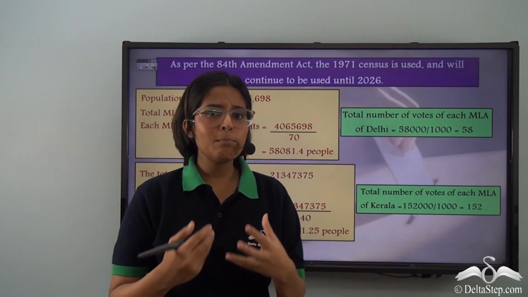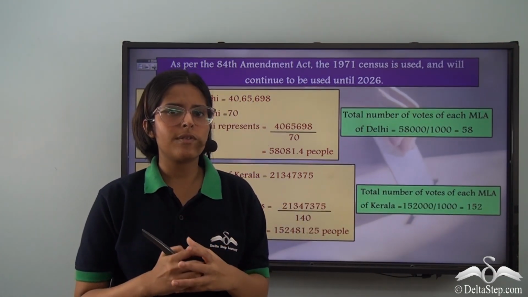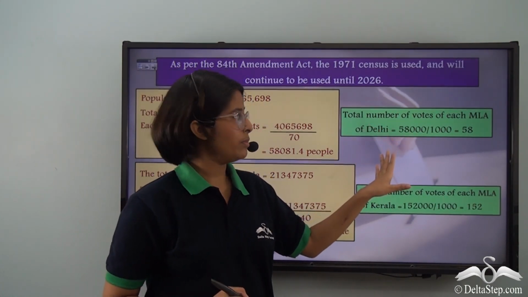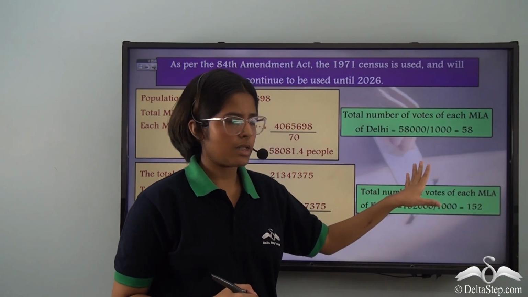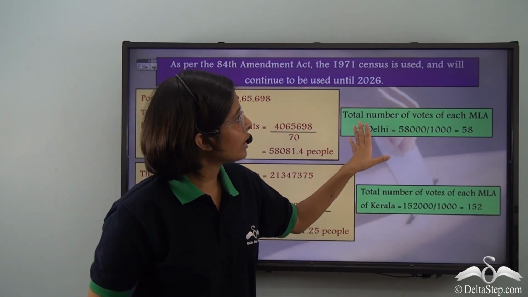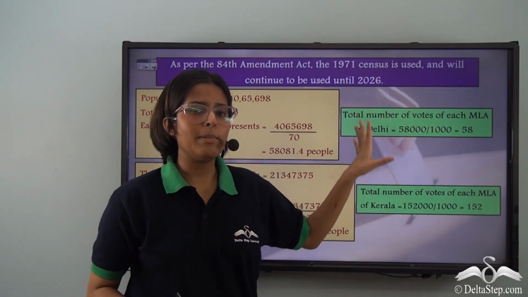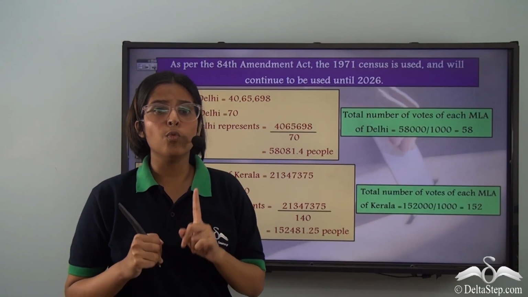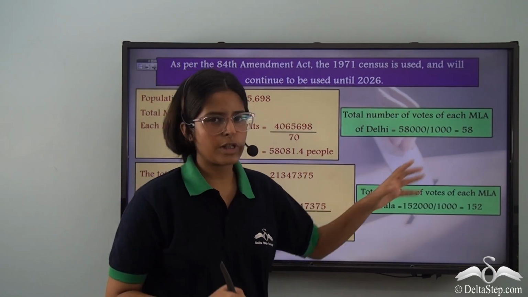Now for simplification of the calculation, we will divide this number with 1000. So around 58,000 people divided by 1000, we get 58, which means that the value of vote of one MLA of Delhi is 58.